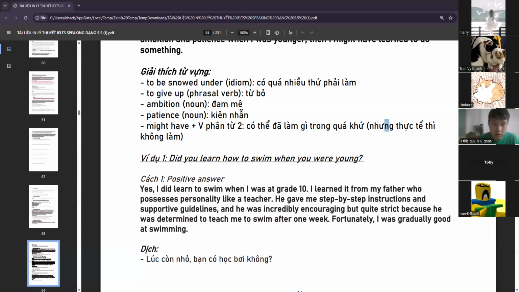The teacher gave me many instructions about swimming, and he was incredibly encouraging but quite strict, because he was determined to teach me to swim after 1 week.